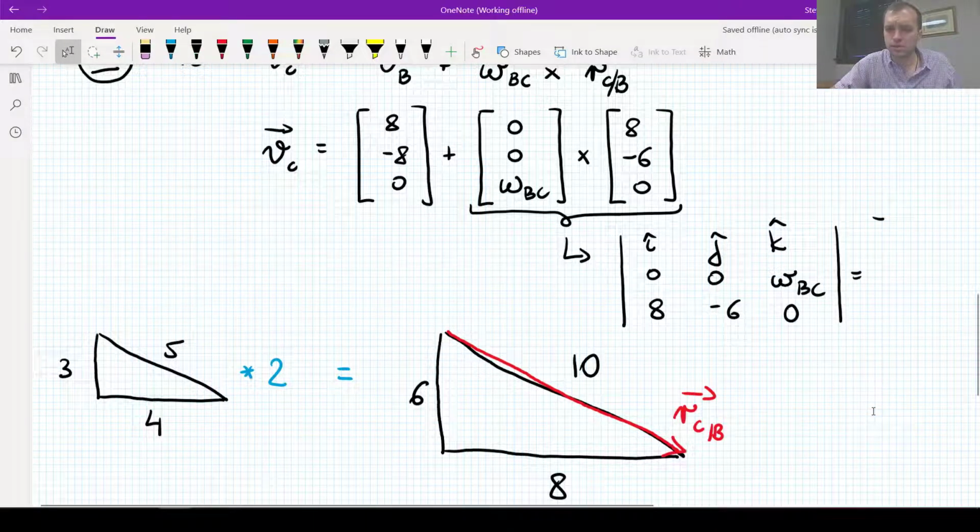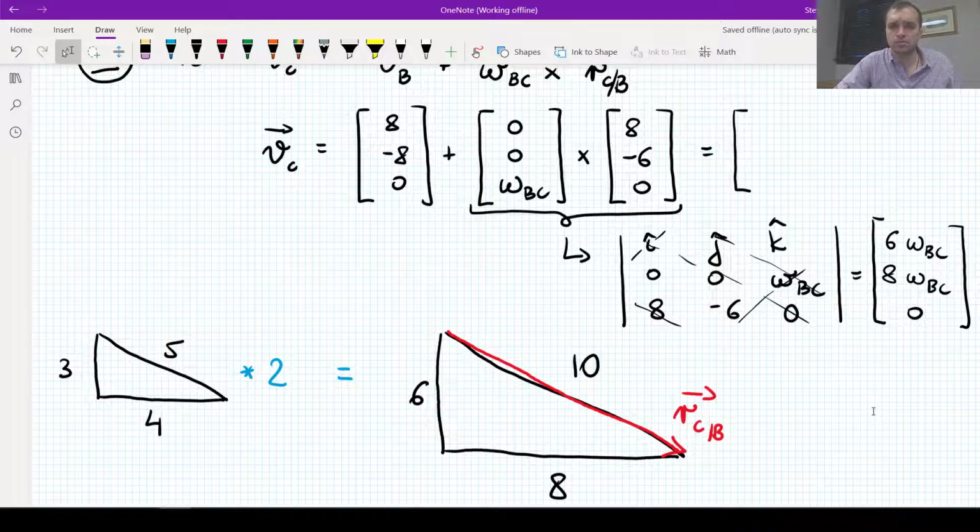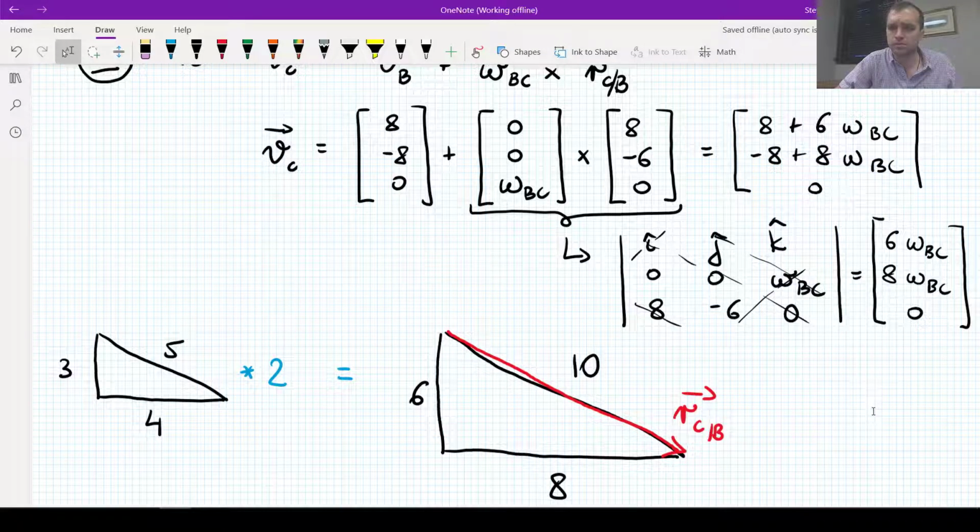And this is exactly 6 omega BC, 8 omega BC, 0. Okay, so our VC is equal to 8 plus 6 omega BC, minus 8 plus 8 omega BC, and 0.